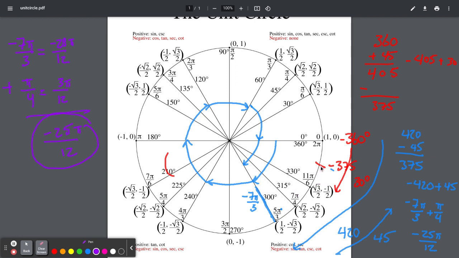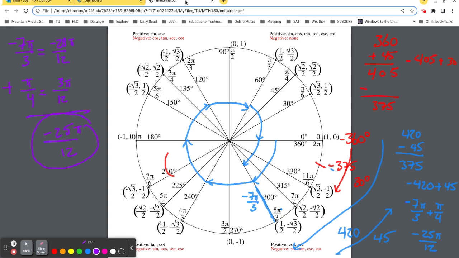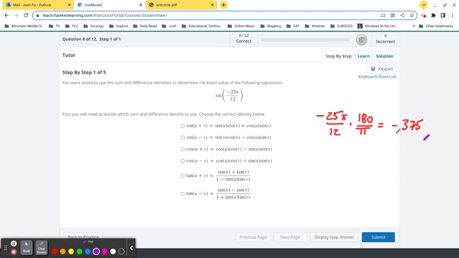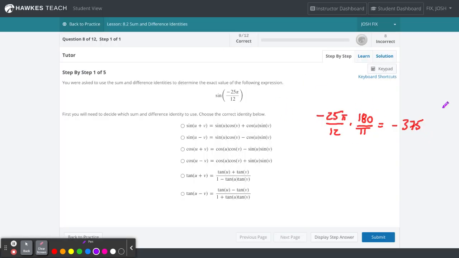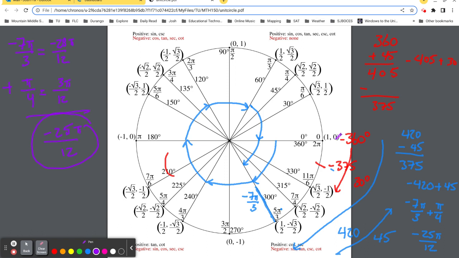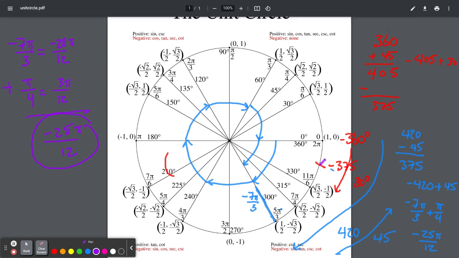The bottom line is that I knew that I started off and I knew I had to get the 375. We knew that because we convert that, we know our angle had to be negative 375. That made it a little bit easier for us to identify and say, okay, negative 375 would be right there. And since negative 375 is right there, how can I get to that?